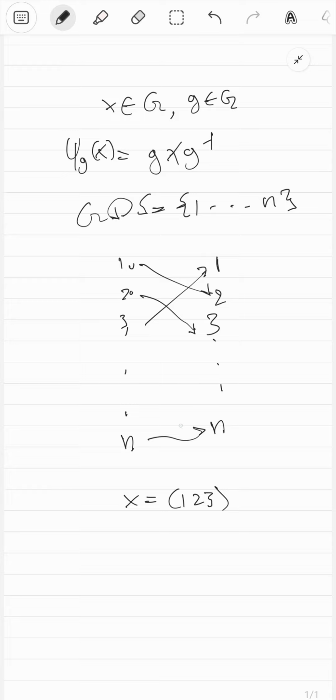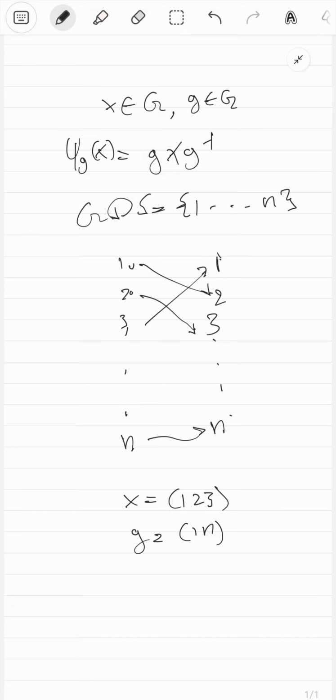And let's say that g is something very simple. It just swaps 1 and n. So g is just a permutation that sends 1 to n and n back to 1, right? So what we are going to do is figure out what's going to be the result for any arbitrary element when we pass this conjugation on it.